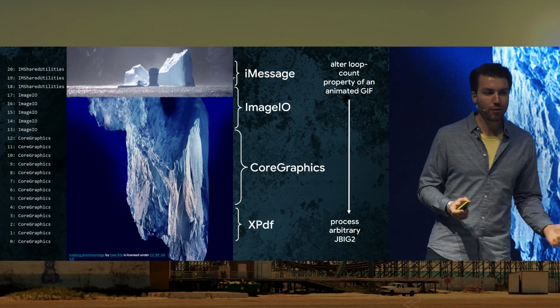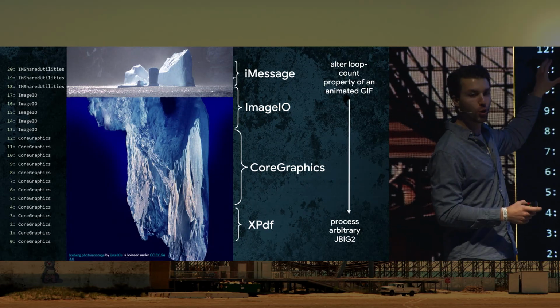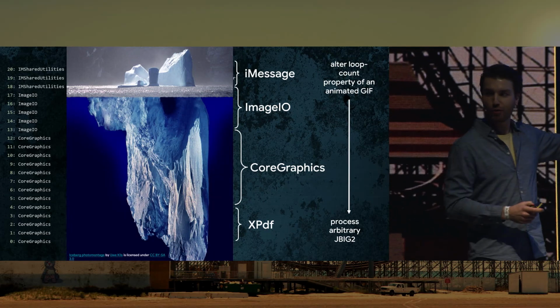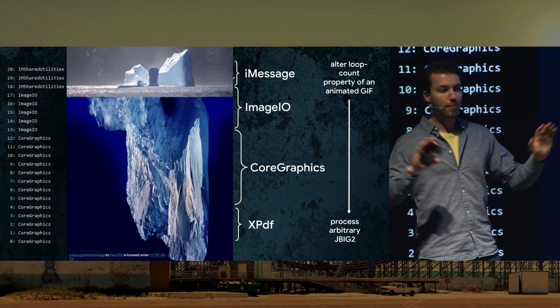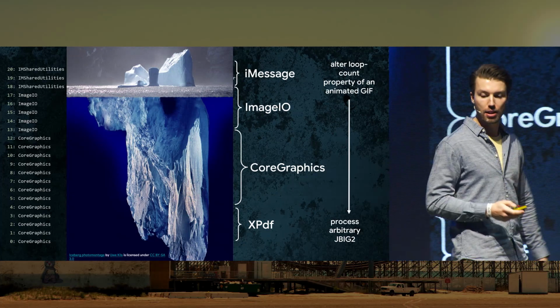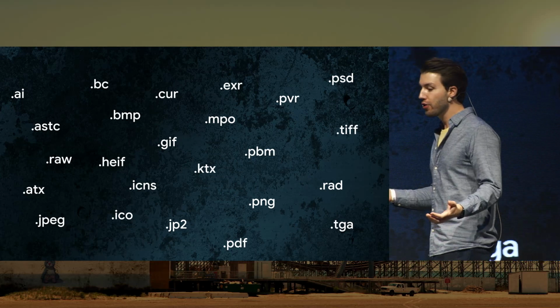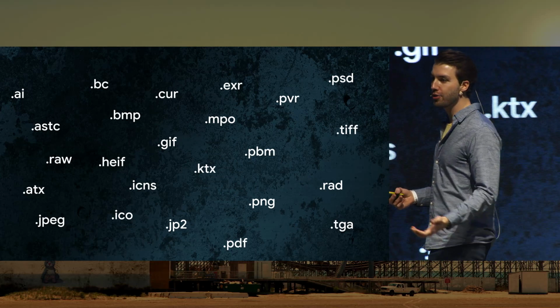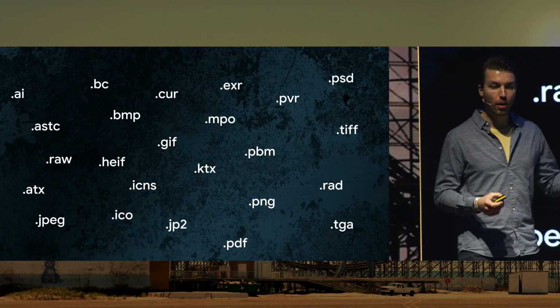So it's kind of like an iceberg attack surface, right? You see just this top bit of file copying, but PDF parsing, all kinds of stuff is happening under the surface. How much stuff is happening under the surface? So here's a list of all the supported file formats that image.io will parse for you.